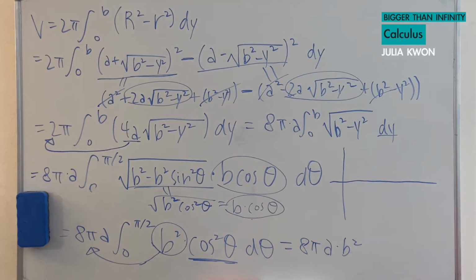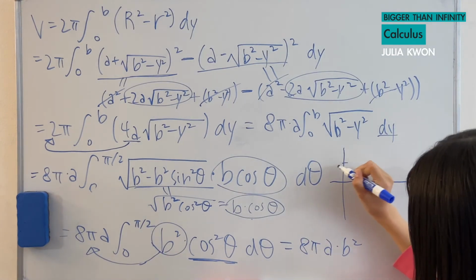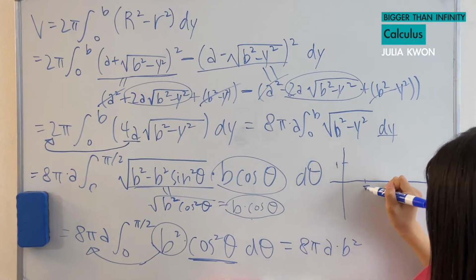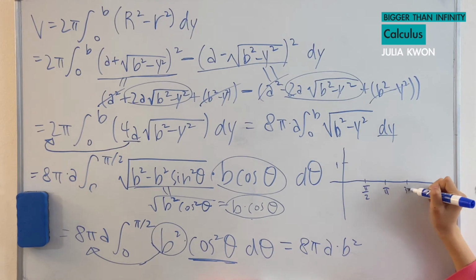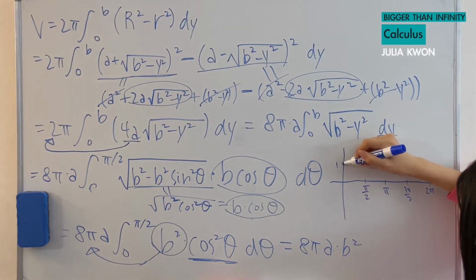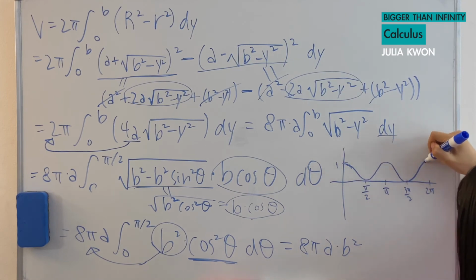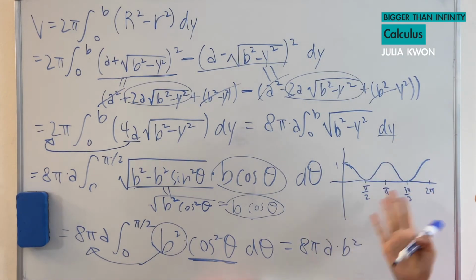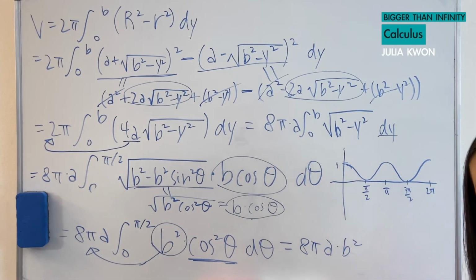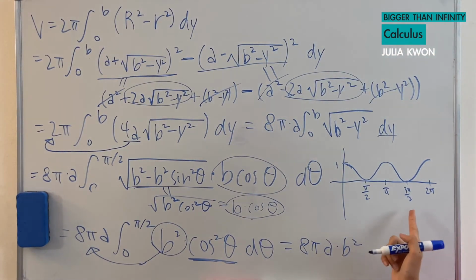If we draw cosine squared theta, if you don't know this, it kind of looks like this. And everything is positive since we squared it. So there's no way we would have a negative value of y.